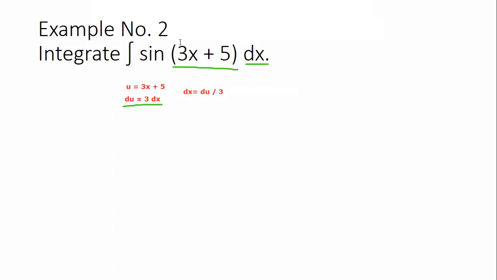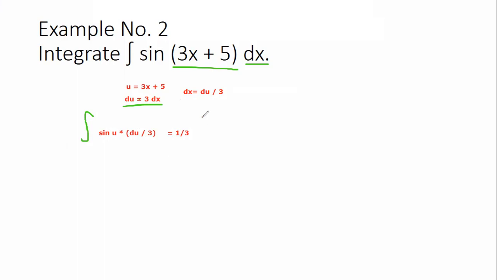Let's proceed. We integrate sine u multiplied, of course, by du over 3. Since we have a constant of 1/3 in our function, we move it outside of the integral sign because the constant is not part of the derivative.